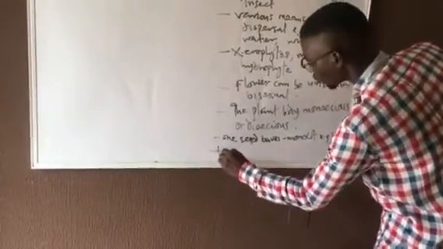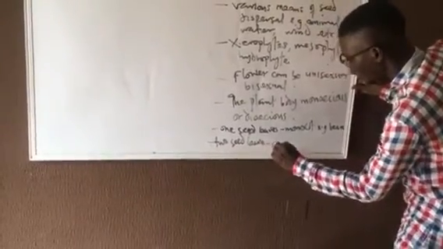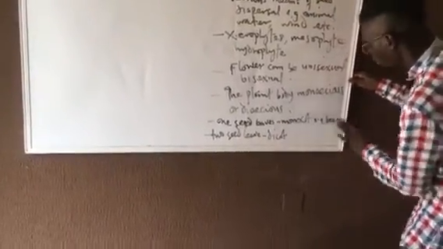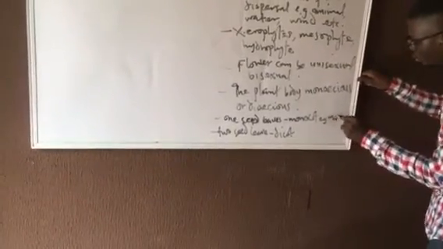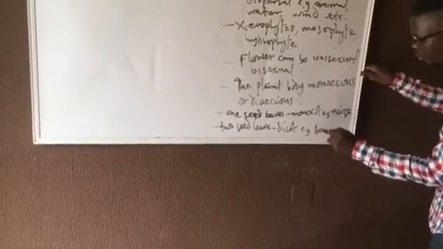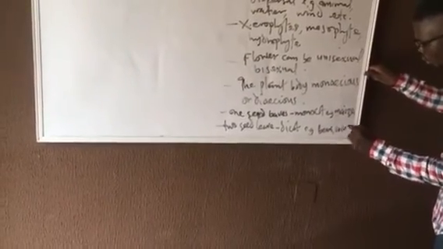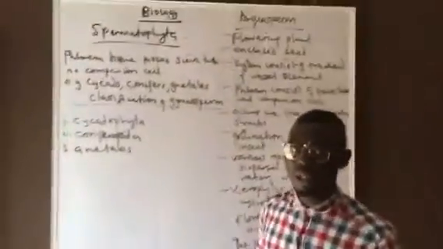The other one has two seed leaves, that is the dicot, examples of which are beans, cocoa, etc. So those are the characteristics of angiosperm.